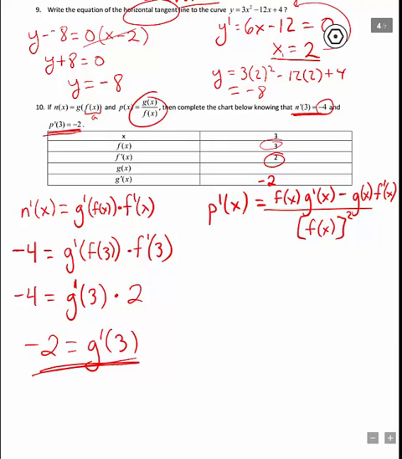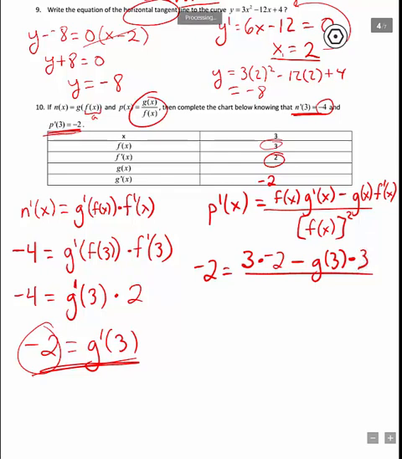Then we can come over here to p prime of 3, that's negative 2, equals, okay, f of 3 is 3 times g prime of 3, we just found out was negative 2, minus g of 3, we don't know, times f prime of 3, which is 2, not 3, all divided by 3 squared.